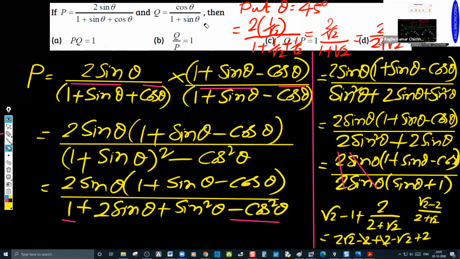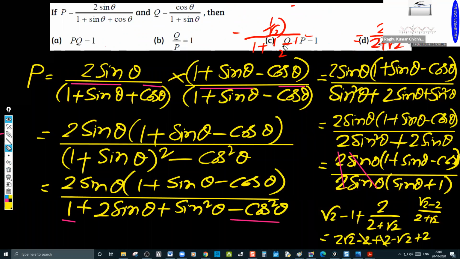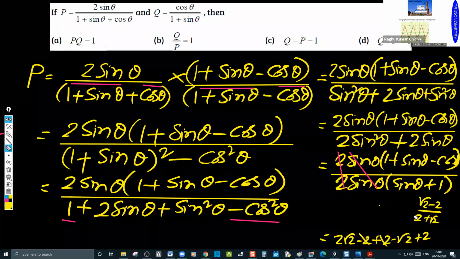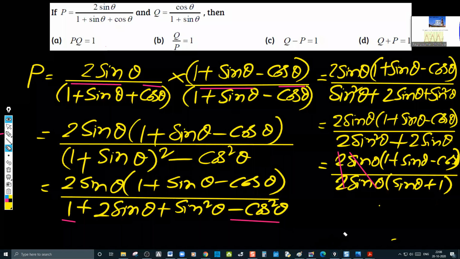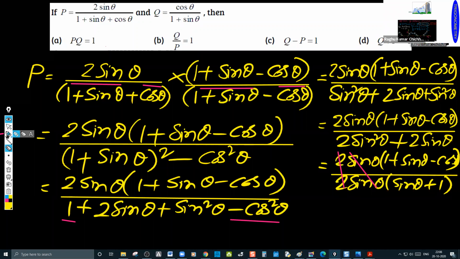The question, if I remember well, you must get Q by P as 1. Then Q by P is to be 1. What should be Q? I'm correcting it.